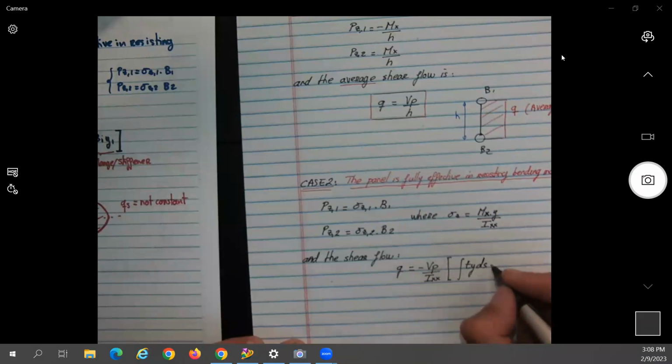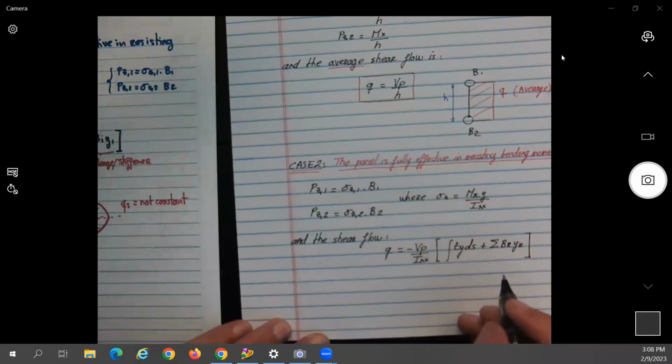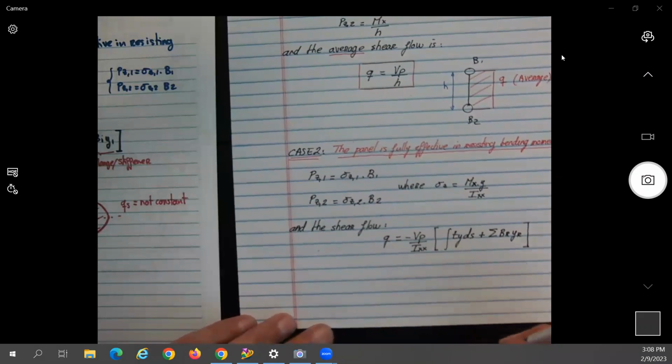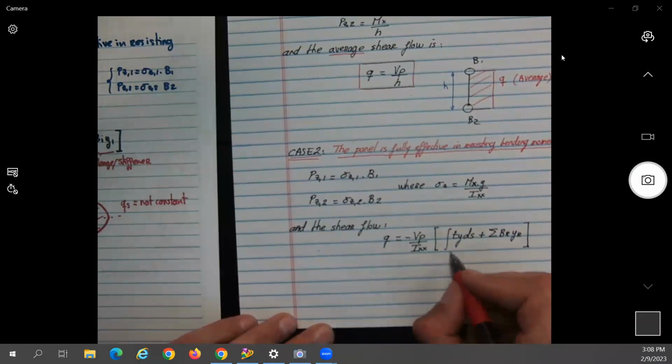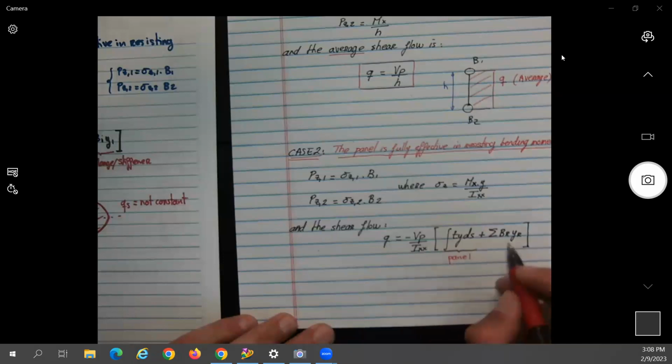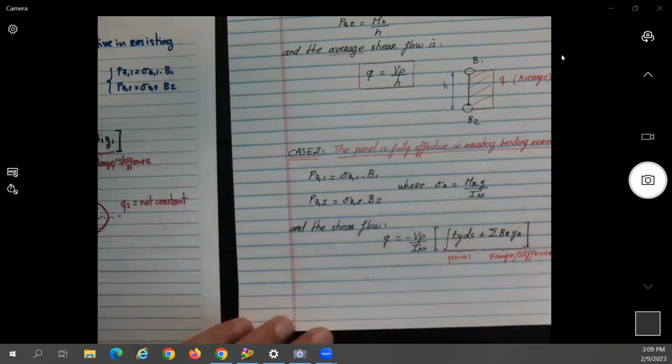Of t y ds, plus, let's say, the summations, if you have multiple ones, of the B sub r, y sub r's. So what do we say? This is the effect of the panel. This is the effect of the flange. Yeah, I'm going to put it just once here at the end. Johnny here is called stiffener in the United States.